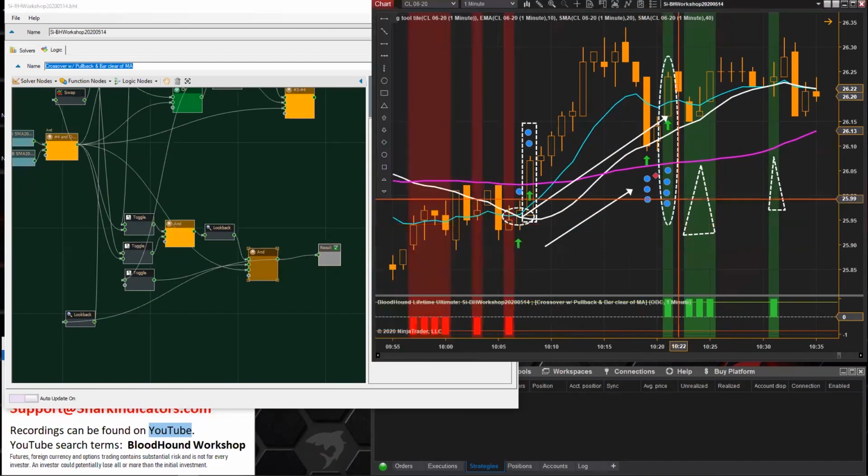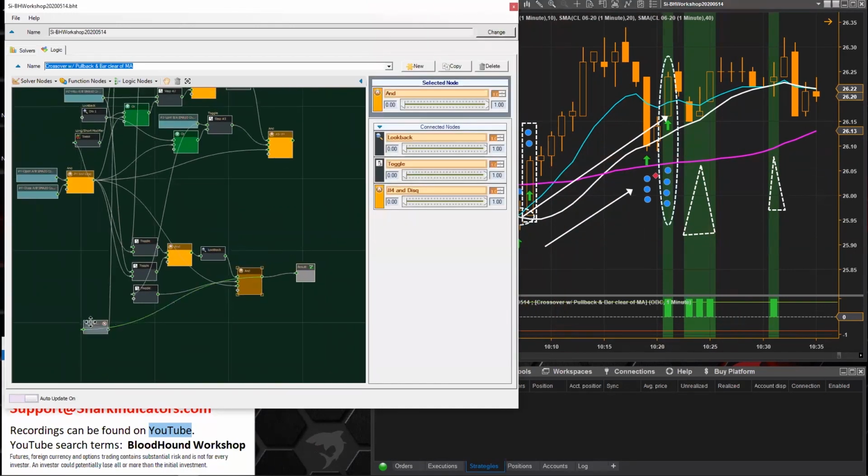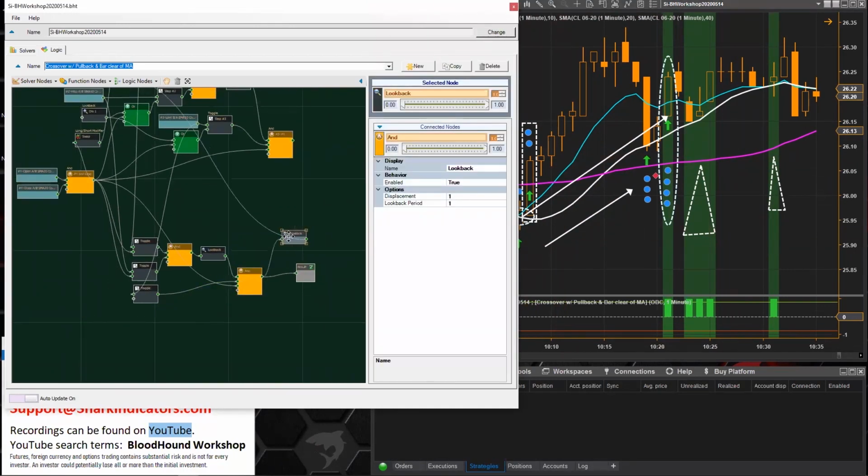I'm using the signal on the signal bar as a reset as well. Let's name this here. What should we call this?